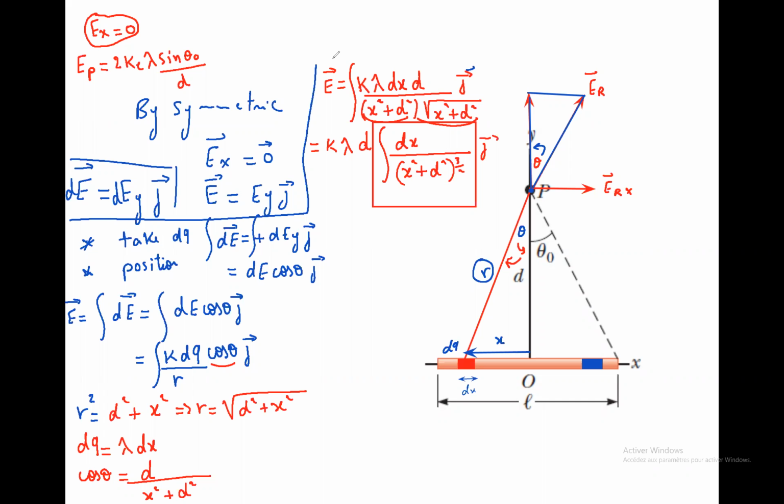Let me see. The solution of this integral of this one equal x divided by d square radical x square plus d square. Okay, so we substitute its value.